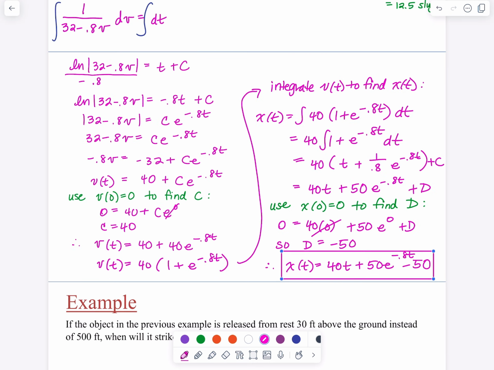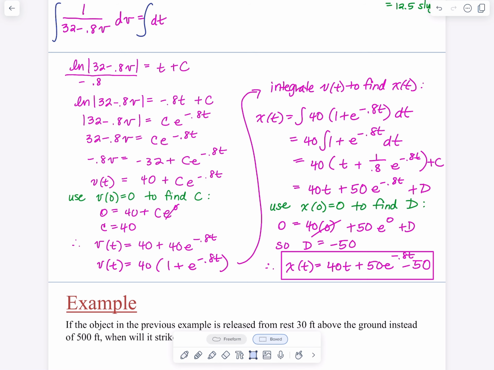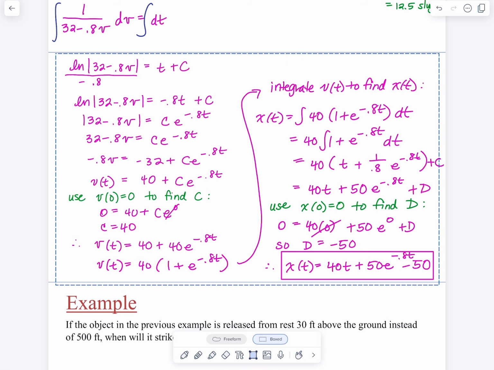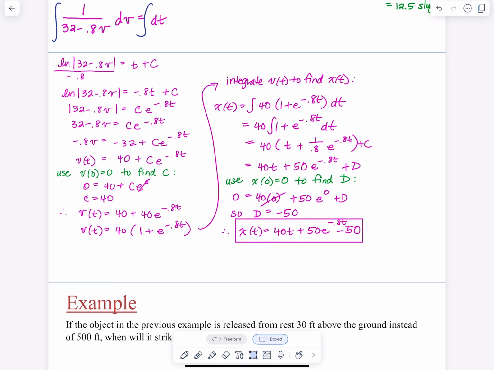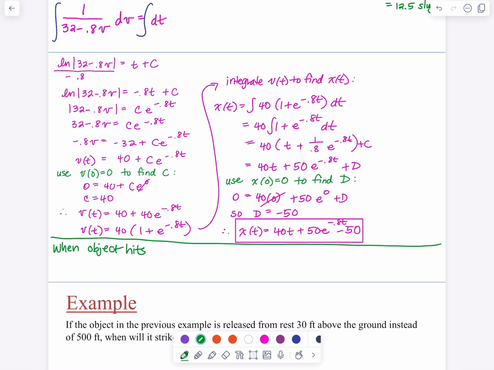Now, we do need to see when the object will hit the ground. I am definitely out of room here, but I could just move that over. And so let's talk about when the object hits the ground. See if I can just make a horizontal line here.